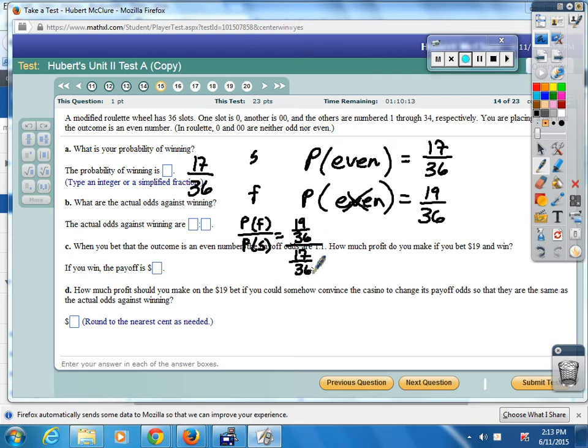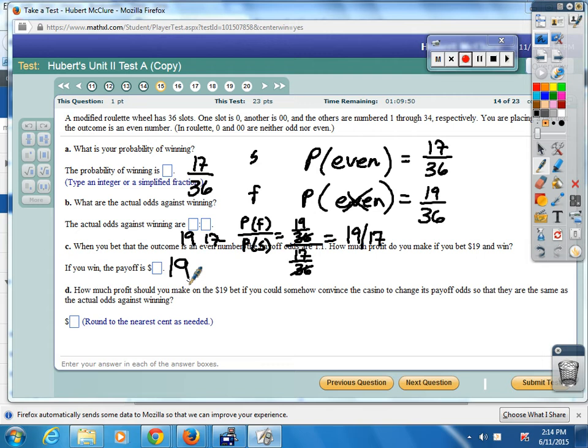And what happens to the 36s? They cancel and you have 19 to what? 19 to 17. Now what did I tell you to do for C? Put the same answer. Don't even look at it, just put the same answer. So, how much money would that be? So what's this answer? 19. Don't even think about it.